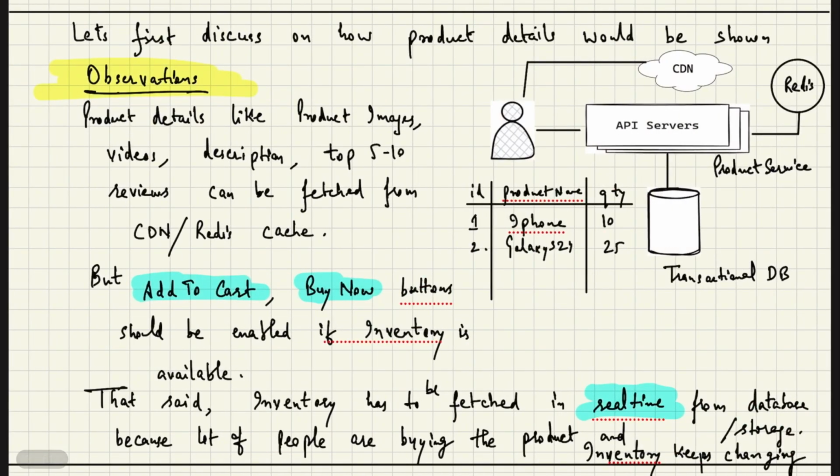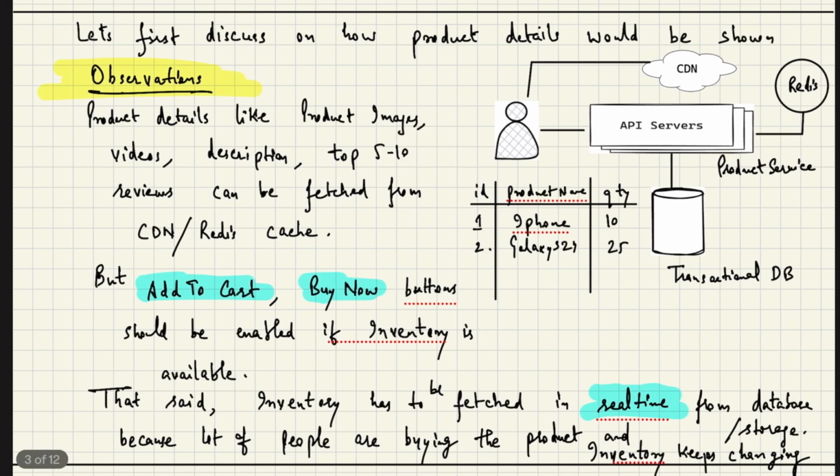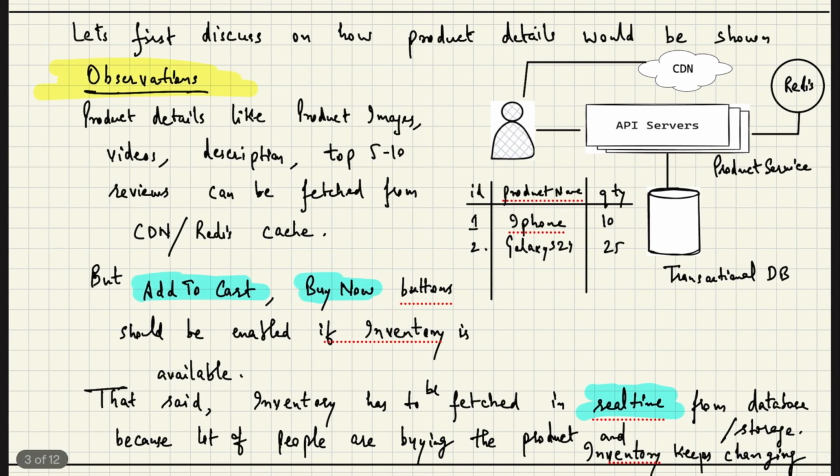So let's first discuss how the product details would be shown on the UI. So this would be the general architecture. There would be a client calling the API servers, and it has the transactional database where, for example, the table is the products table. Just for simplicity, imagine there are three columns for this product table: ID, product name, quantity, and so on, right?